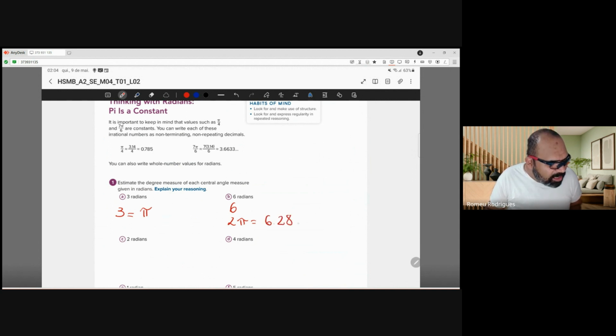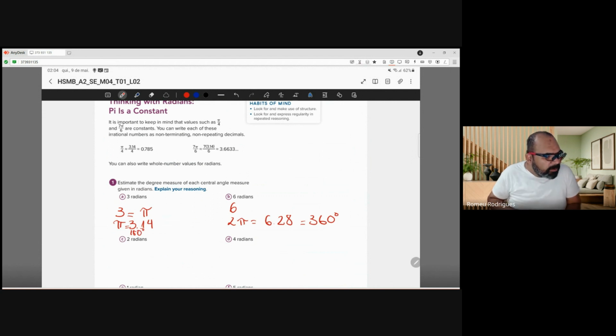This is exactly 2 pi radius, 360 degrees. Okay? And here, pi is exactly 3.14. Pi I know is 180 degrees. Then I know this 3 here is close to 180 degrees.